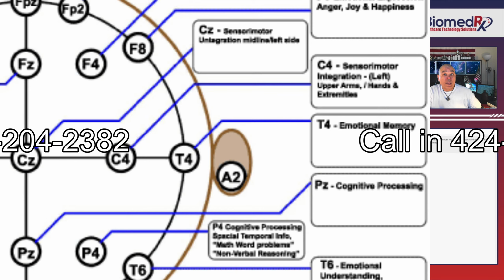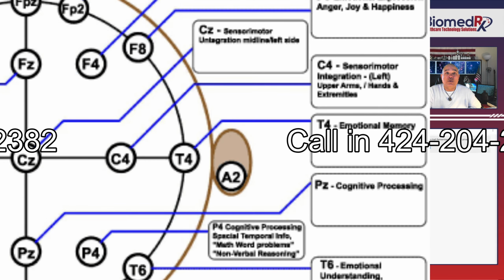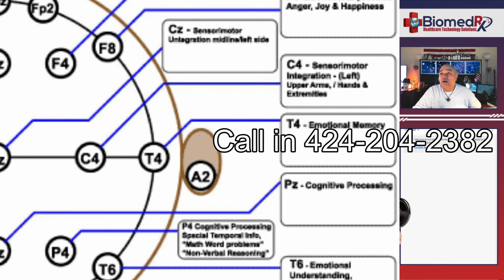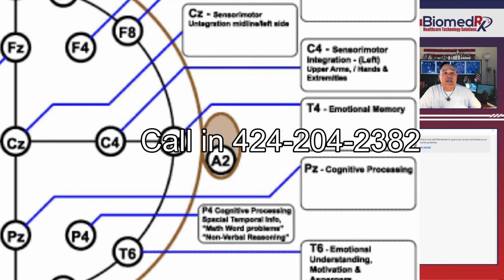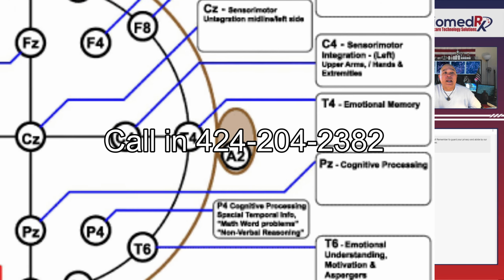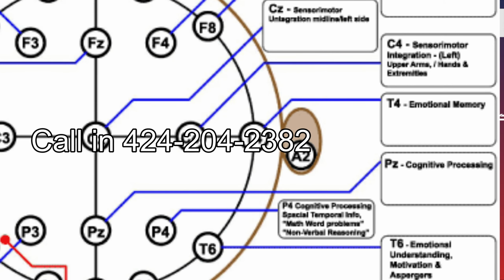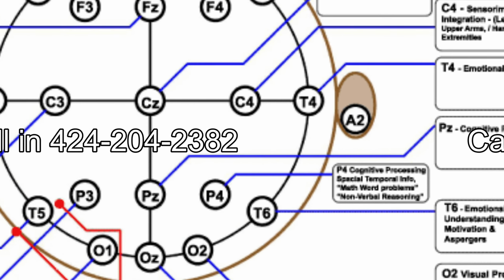And so sound, being that intimately tied to the center of who and what we are, music has the way to calm us and excite emotions in us. Now we're getting toward the back. Parietal in the center, PZ, cognitive processing, okay?